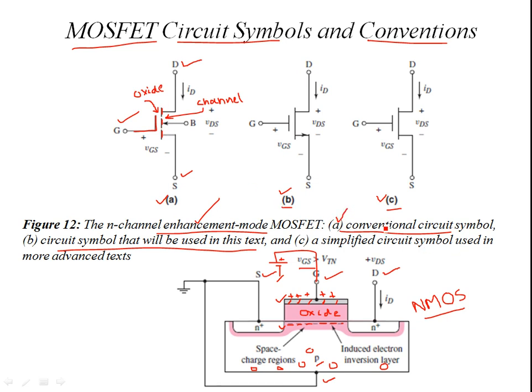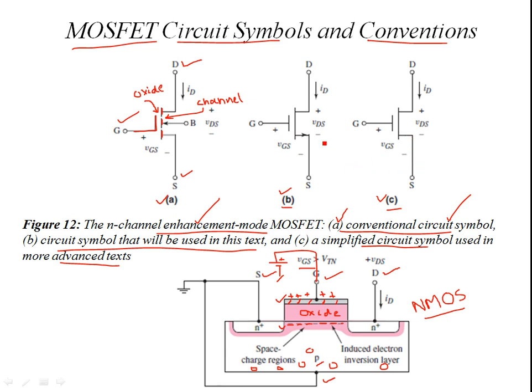Part A is the conventional or traditional circuit symbol for MOSFET. C is a simplified circuit symbol used in more advanced texts like journal articles, by people publishing in microelectronics papers, journals, conferences. They sometimes use the last circuit symbol to represent MOSFETs in their circuit diagrams.